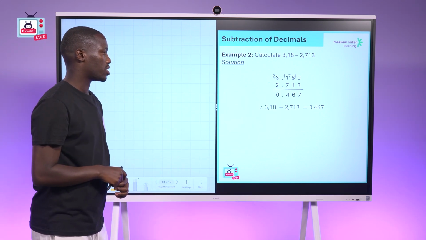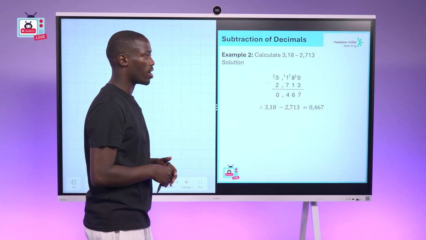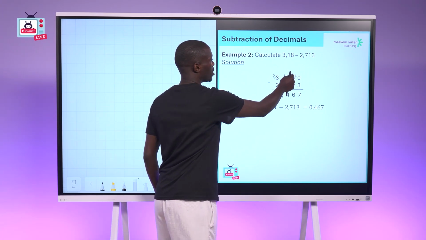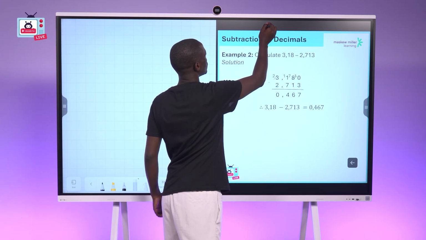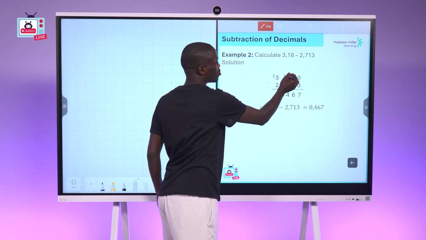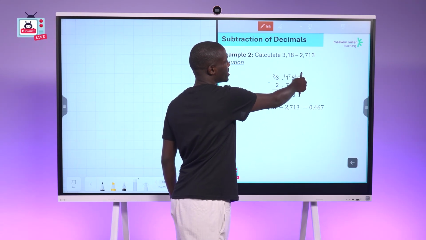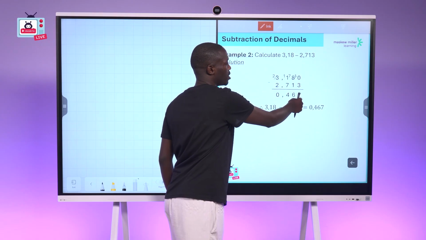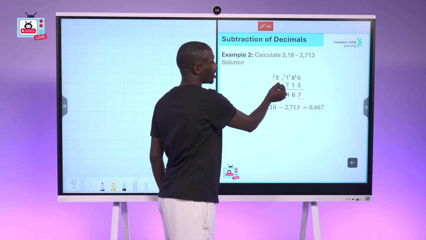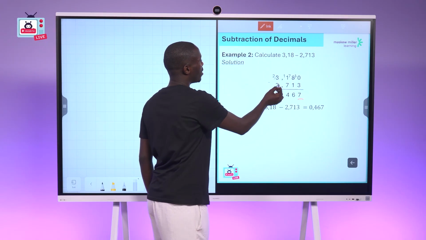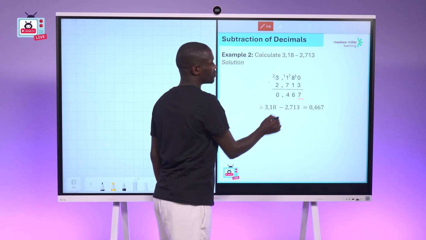We cannot subtract 3 from nothing, so we need to go and borrow from the number on the left, which is 8. If we borrow 1 from 8, we will be left with 7, and then we take that 1 to that side and it will be 10 now. 10 minus 3 gives you a 7. And then we have a 7 minus 1, which gives you a 6.